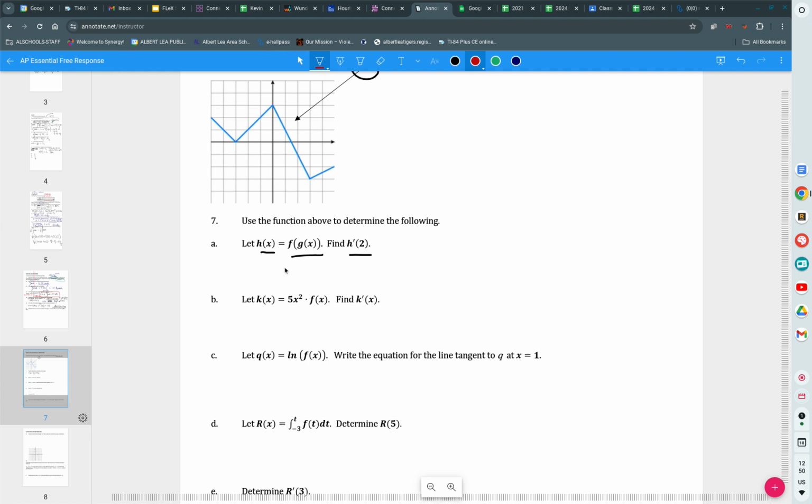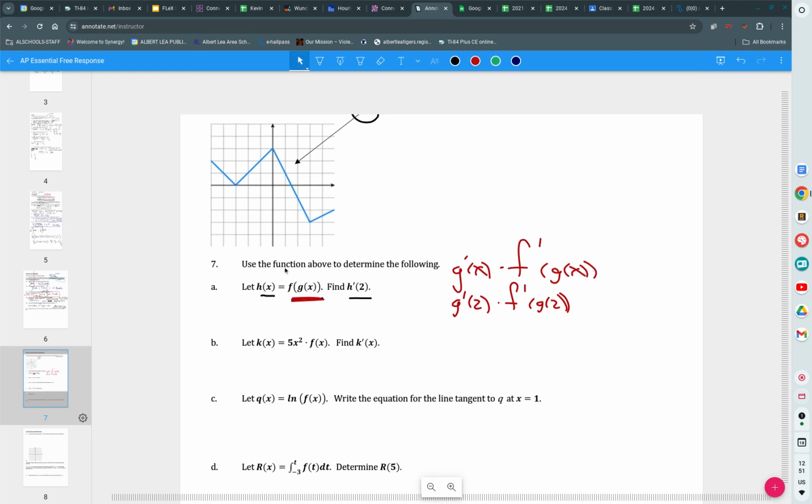Notice it is a composition function, and the derivative of a composition is the derivative of the inside, which should be g prime, times, what's the derivative of the outside? f prime, with the inside left alone. Chain rule. So we simply plug in 2. We need g prime of 2 times f prime of g of 2.